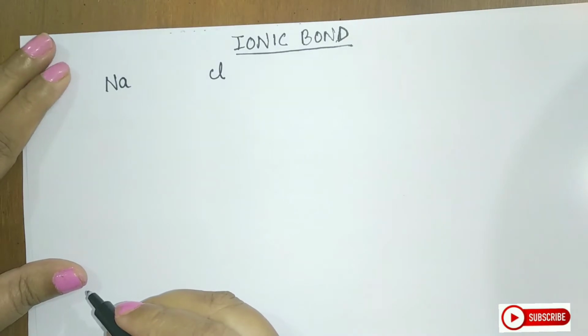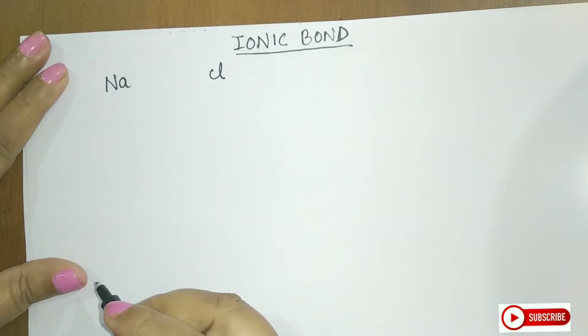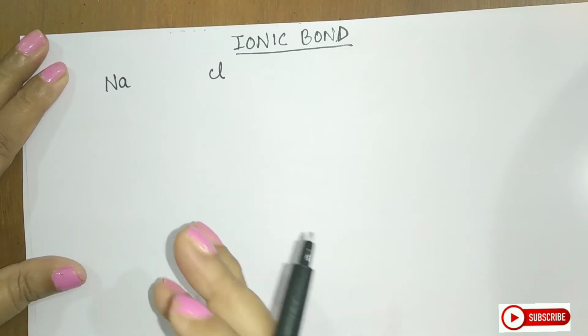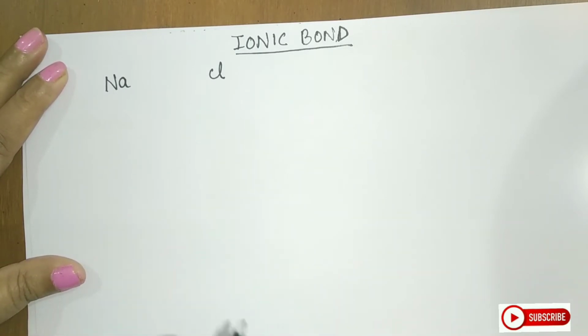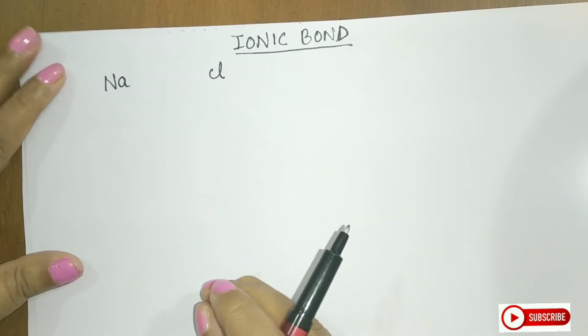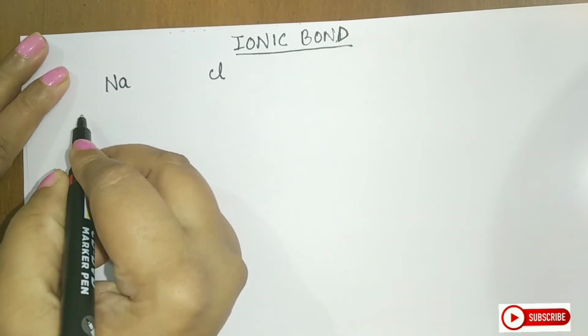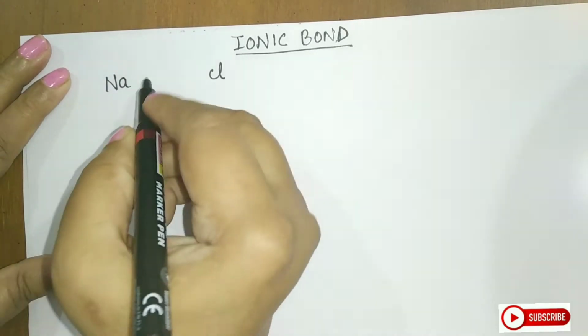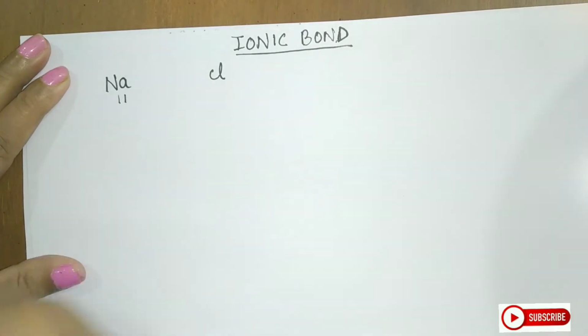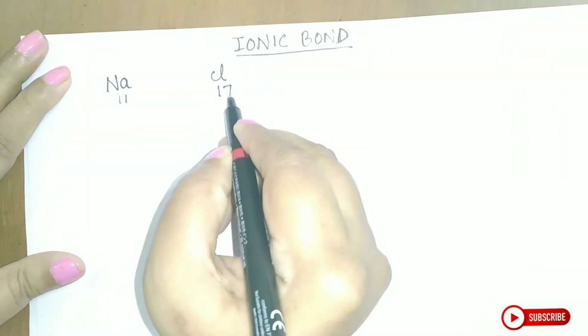Everything, the donation and the acceptance of the electron, is based on the electronic configuration. So let us first see the atomic number of sodium is 11, while that of chlorine is 17.